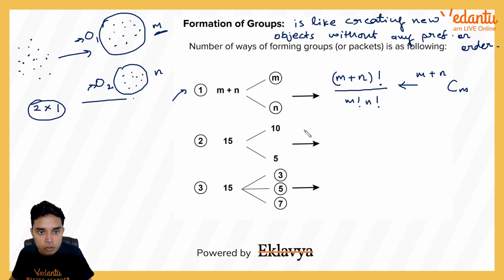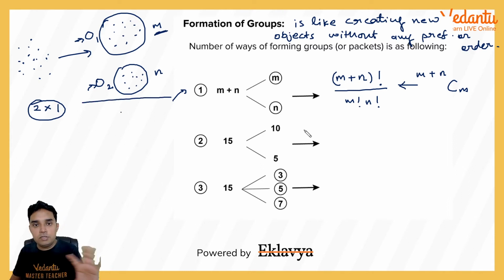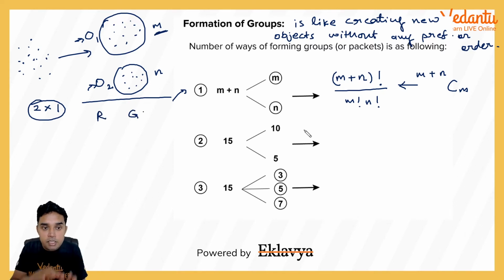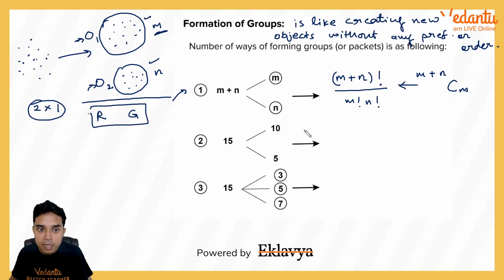Suppose we were having two balls. The question was very simple. One is a red ball, one is a green ball. And we have to distribute these two balls to two persons, so each gets one ball. Once we have created these two groups, or we are having two balls, red and green, after that there is no difference if we have to distribute them among two persons. I hope you are getting my point.